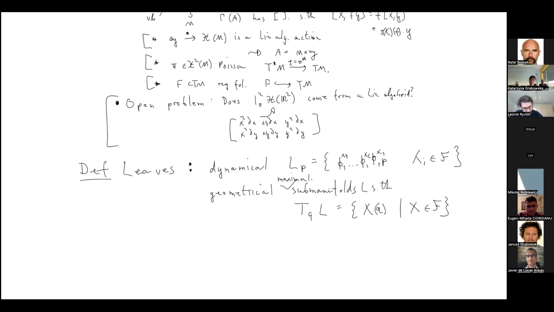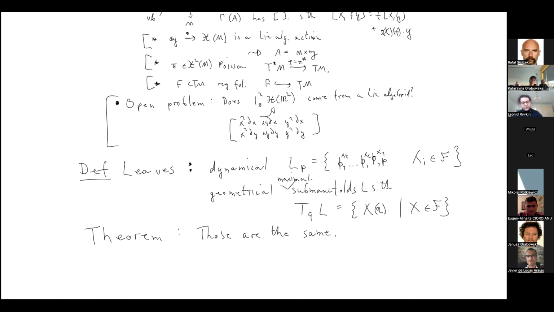So theorem: those are the same. I think this theorem is originally due to Stefan, Sussmann, Hermann, but also many people have been proving similar theorems of this sort independently from one another at a similar time.